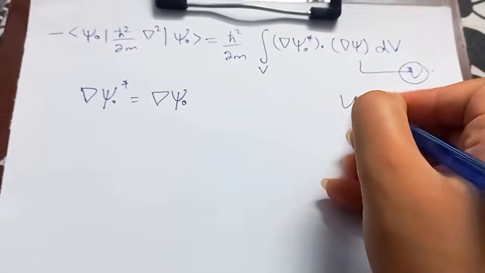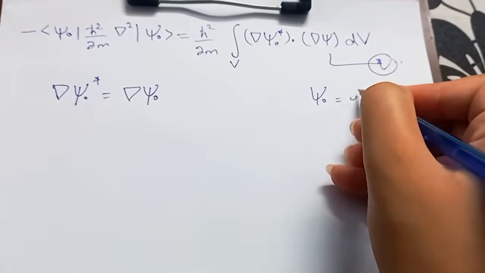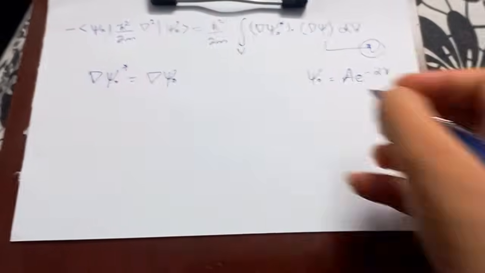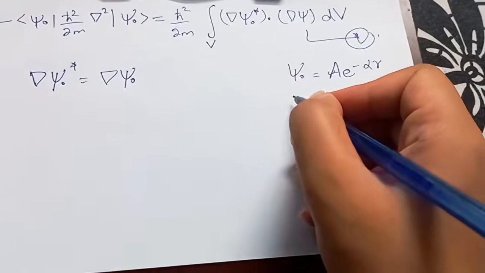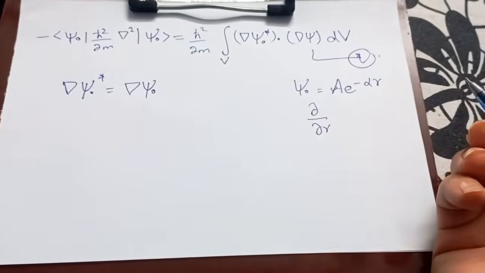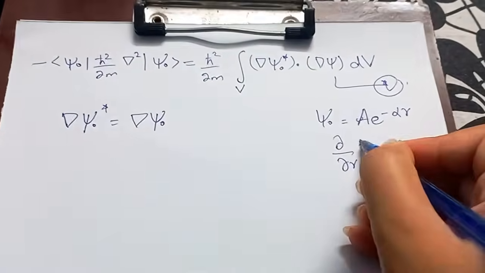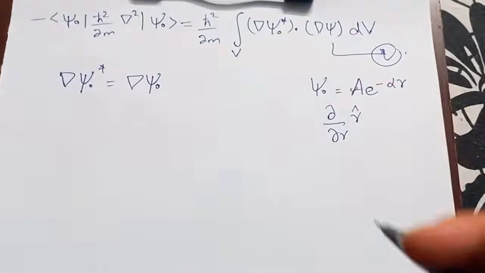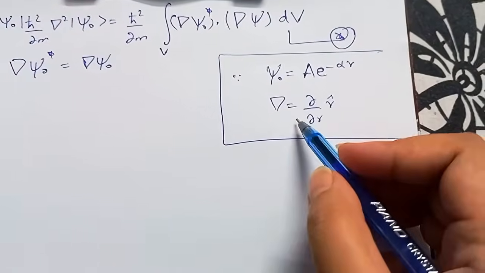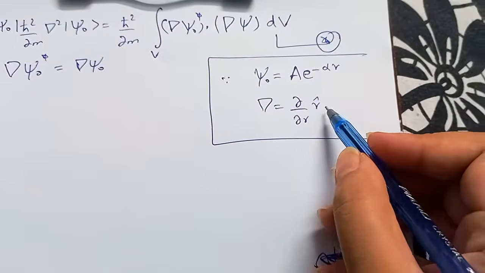Now we know that psi naught is equal to e to the power minus alpha r. And del is equal to partial by partial r, r unit vector.